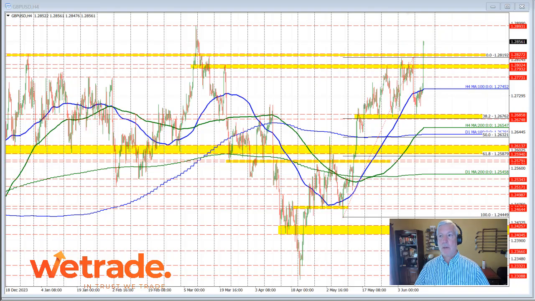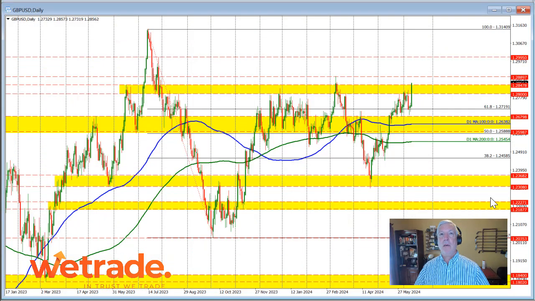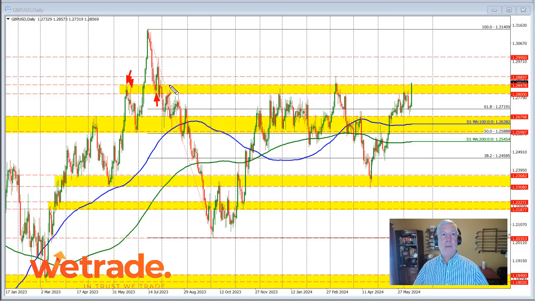Now let's take a quick look at the daily chart, because we are breaking above a key level off the daily chart that goes way back to 2023, where we had this swing high coming in at 128.47. We then had a number of subsequent highs and lows that found their way in between 128.00 and 128.47.